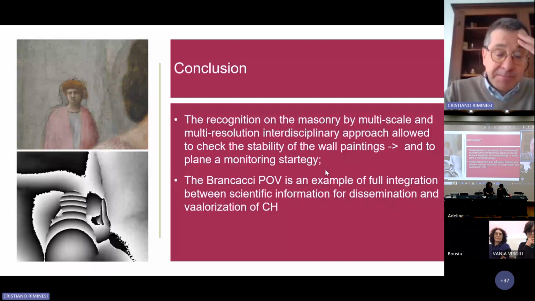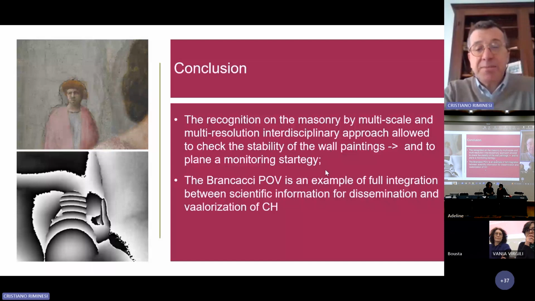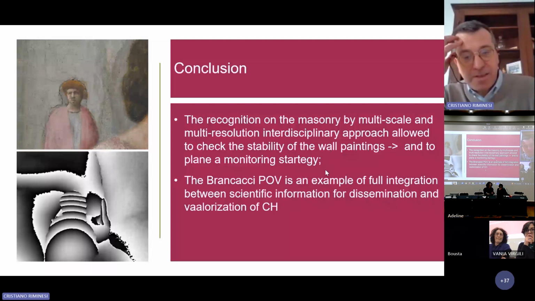And we can try to develop a new experience like Brancacci POV to improve our work and to improve the importance of our cultural heritage and the conservation of our heritage.